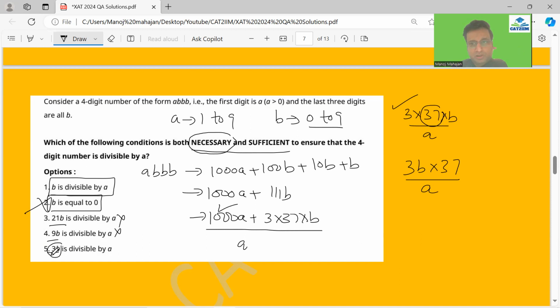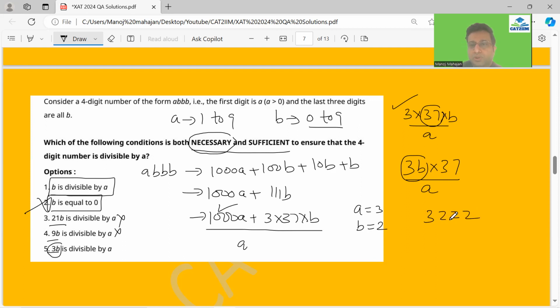It is not necessary that B should be divisible by A, but necessarily 3B should be divisible by A, because look, if we take a number like this, let's say A is 3 and B is 2. So what's the number we have? 3, 2, 2, 2.